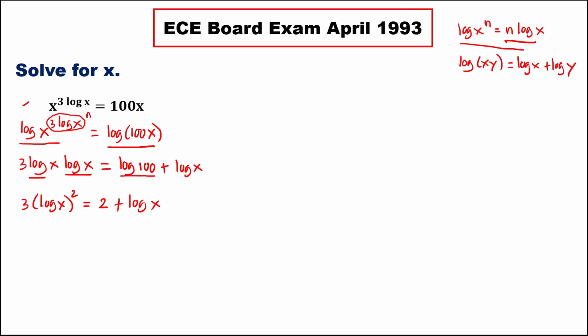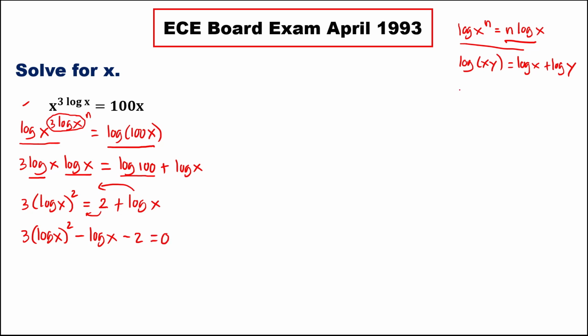Then we need to equate this equation to 0, so we have 3 log x to the power 2, transpose to the other side, so this becomes negative log x, transpose to the other side, negative 2, equals 0.